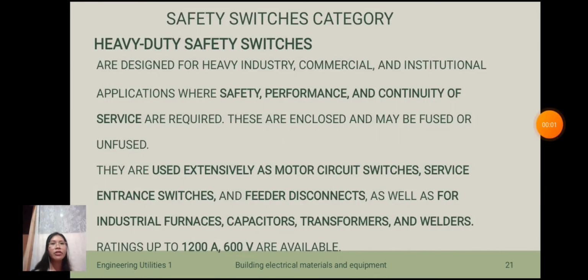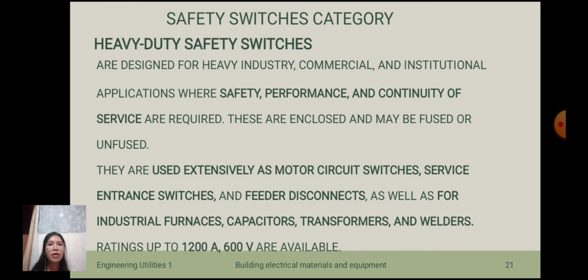So we have here the safety switches category. We have the heavy-duty safety switches designed for heavy industry, commercial, and institutional applications where safety, performance, and continuity of service are required. These are enclosed and may be fused or unfused. So ito naman yung switches na need natin sa malakihan na application.